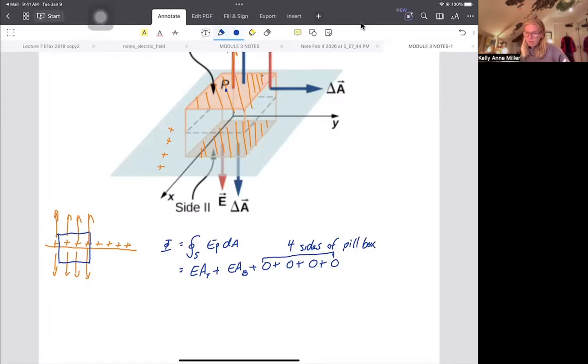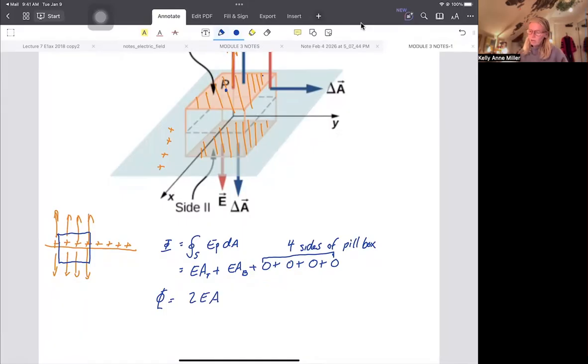So the flux is just equal to 2 times the electric field times the area, because only the top and the bottom contribute.